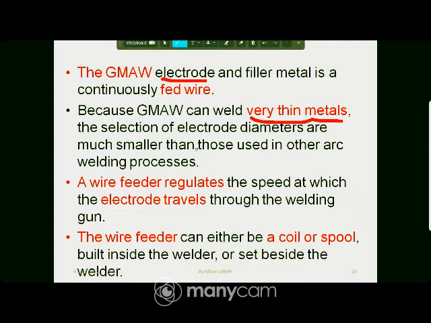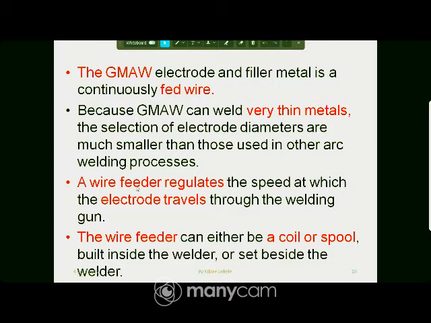The electrode diameters selected are much smaller than those used in other arc welding processes. So we can use the smallest diameters. There is a range of diameters, maybe 0.6, 0.8, 1, 1.2 and above. These are the standard diameters of the electrode.